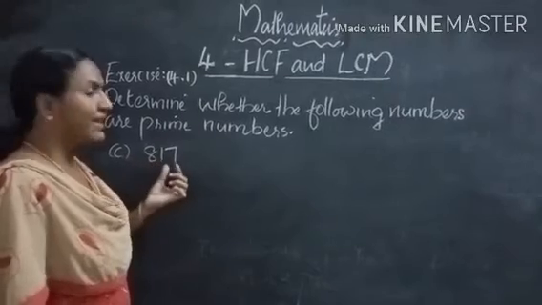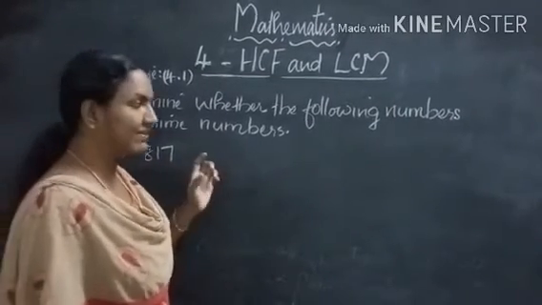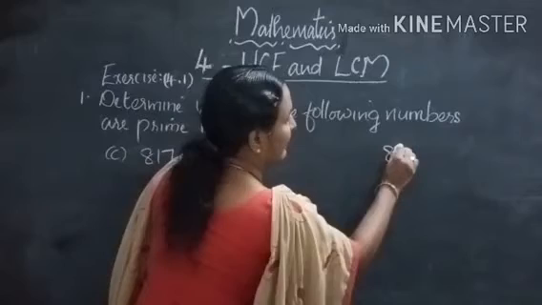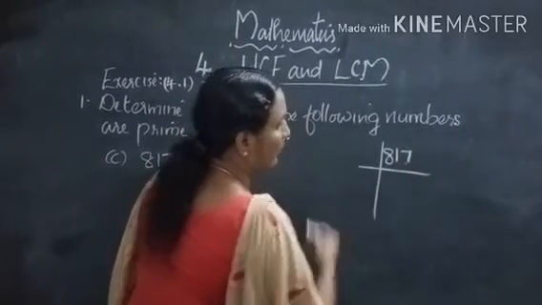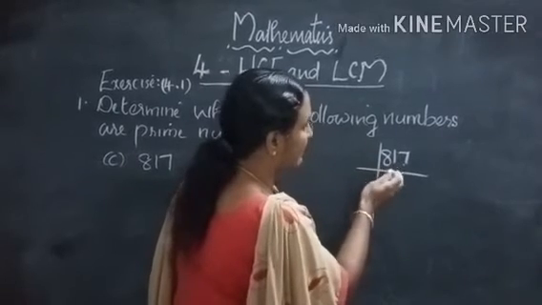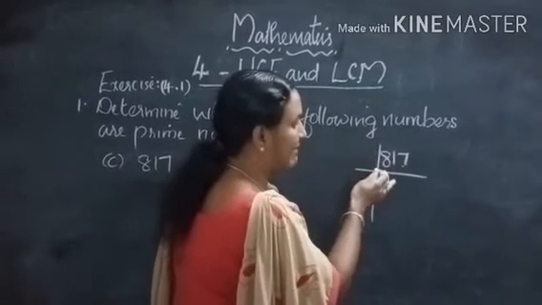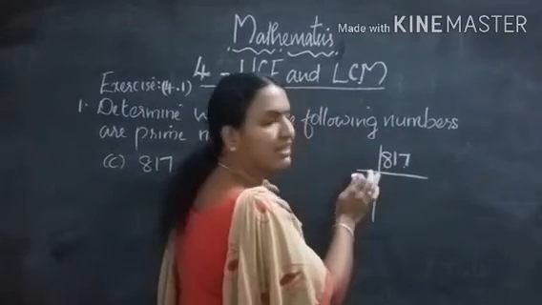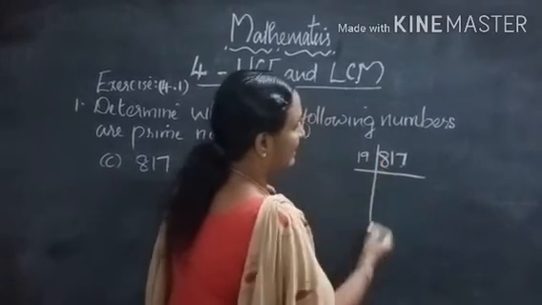Option C, 817. Let's factorize 817. 7 is an odd digit. Here it is not divisible by 3, 5, 7, 9, 11, 13, 15 and 17. So start with 19.